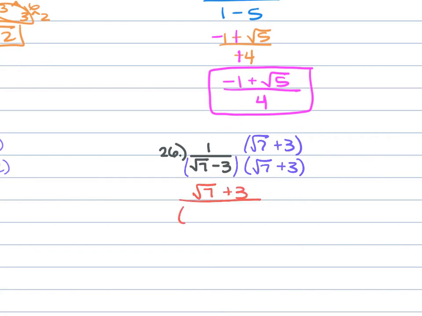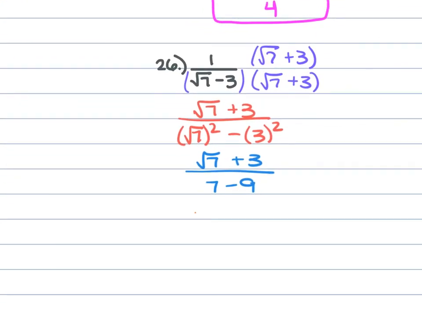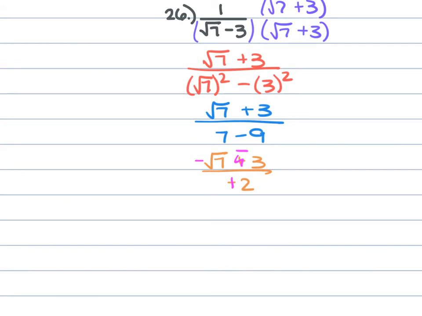On the bottom, we're going to do the square root of 7 squared minus 3 squared. So square root 7 plus 3 all over 7 minus 9. So then this becomes the square root of 7 plus 3 all over negative 2. You can't leave the negative in the denominator, so change your signs on everything. So it's the negative square root 7 minus 3 all over 2.